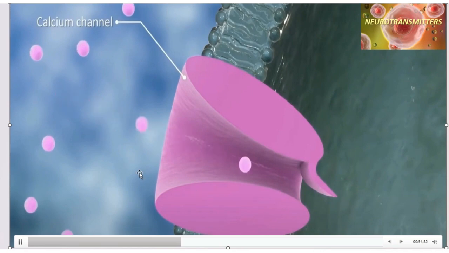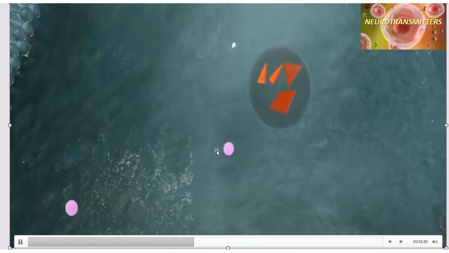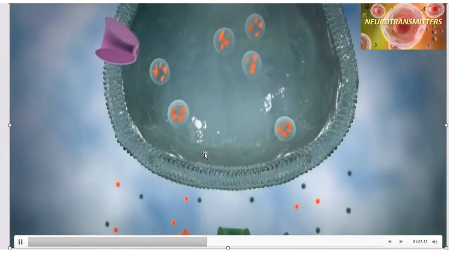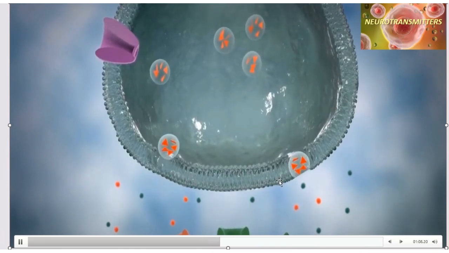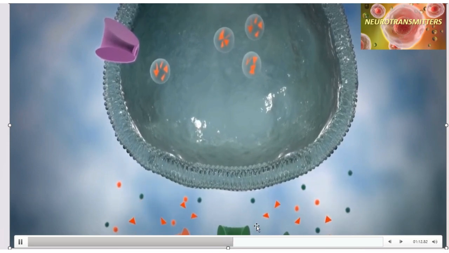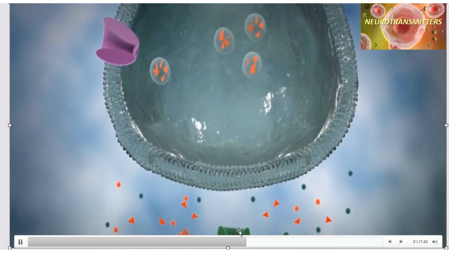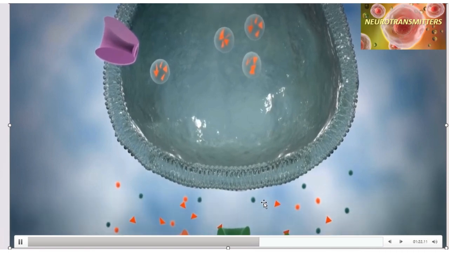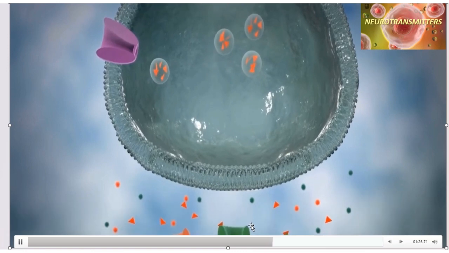Now it is opened and the calcium ion is entering inside, and it combines with this neurotransmitter vesicle, in the sense this vesicle moves towards the membrane and there it fuses and releases the neurotransmitters. And these neurotransmitters are ready to enter into the postsynaptic neuron.